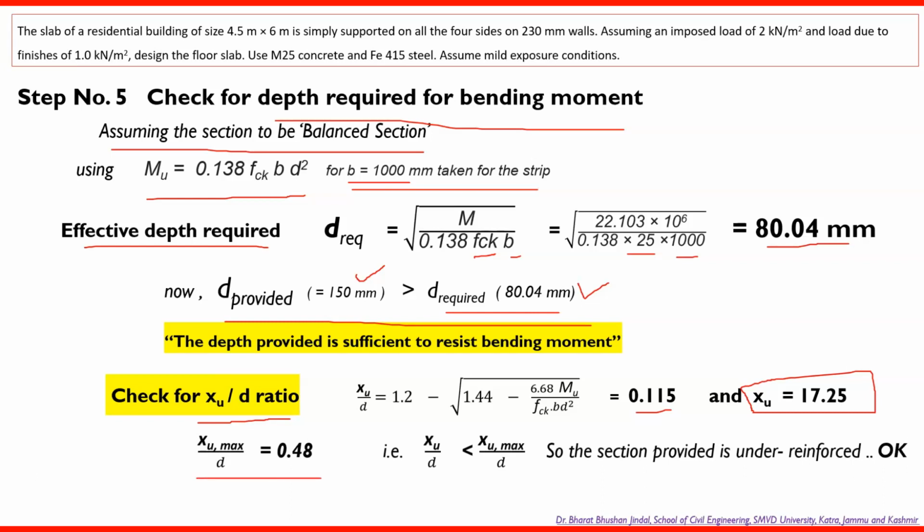From the table available in IS 456, we can find the xu max by d for Fe 415 type of steel, and that value is 0.48. So it is very clear that the xu by d ratio of the section which we have provided is quite lesser than the limiting value. So we can say the section provided is under reinforced, and this check for the depth required is sufficient.